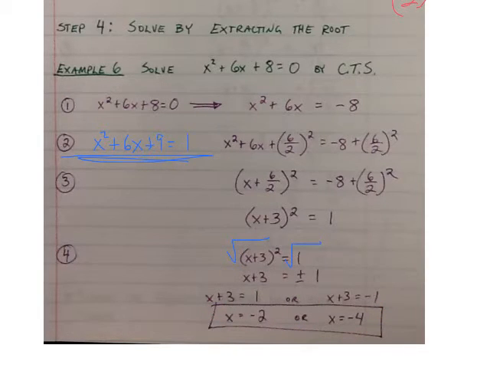At first this method looks a little daunting, but I personally have found that of all the methods, this one actually winds up getting me to the answer the fastest, especially if the leading coefficient is a 1. So in the next example I'm going to show you a case where the leading coefficient is not a 1, and we'll work through that by using completing the square.